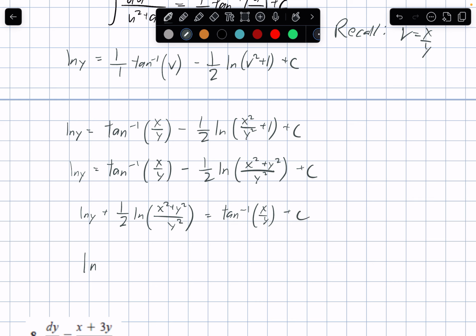So ln y times x squared plus y squared over y squared. We can simplify this. So this is what we have left.